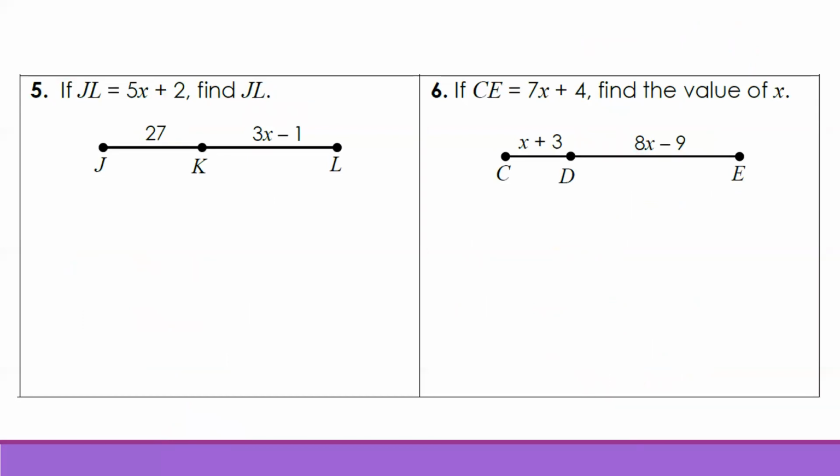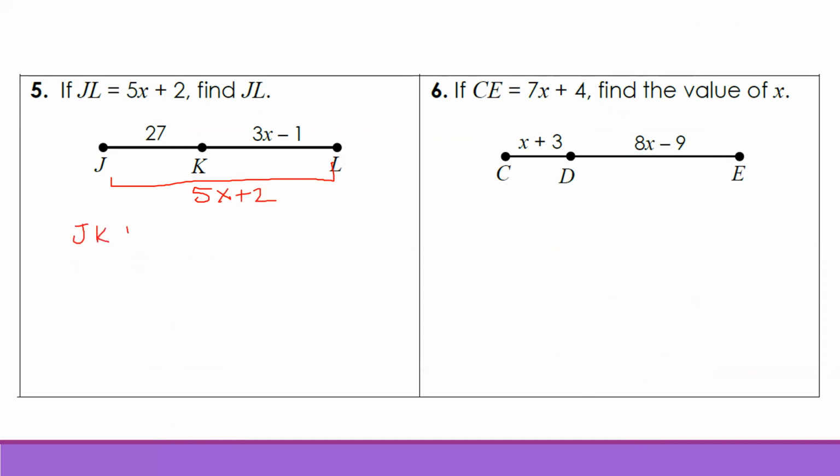All right, on this page, we have some more examples with segment addition and algebra. Number 5 says JL equals 5x plus 2. So I'm going to go ahead and label JL as 5x plus 2. Let's set up our equation.